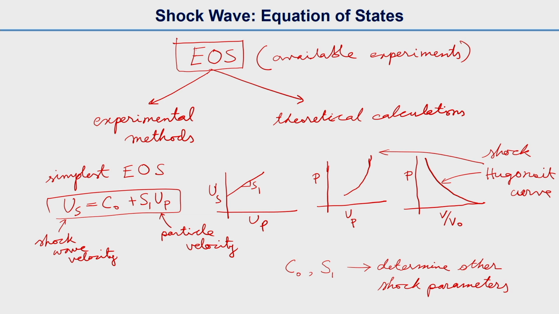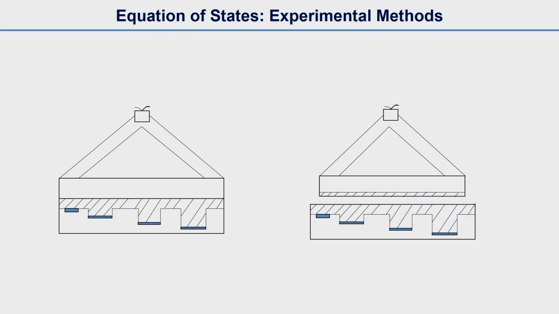There are several methods to obtain the shock parameters. We will just briefly discuss these experimental methods. These are older techniques to obtain the EOS, with a little variation between case 1 and case 2. Here we have the material, an unknown material, that is our target.